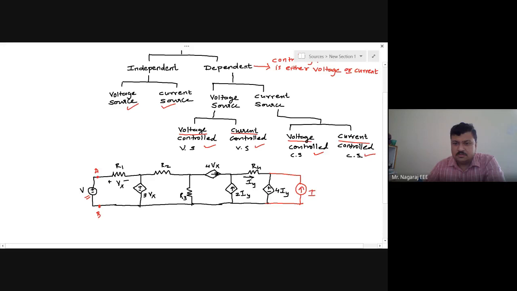and a current source is characterized by the current value. Let this be C and D. So A and B terminals are available for external connection to the voltage source. C and D terminals are available for external connection to this current source. So these two are independent sources.